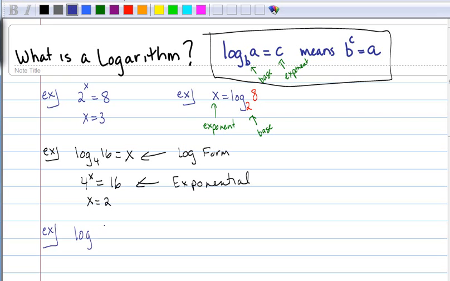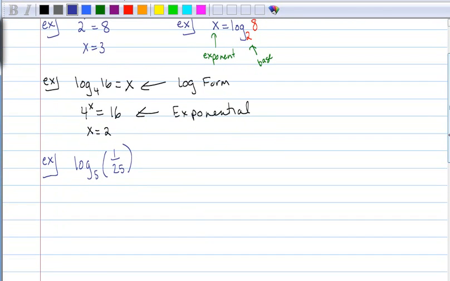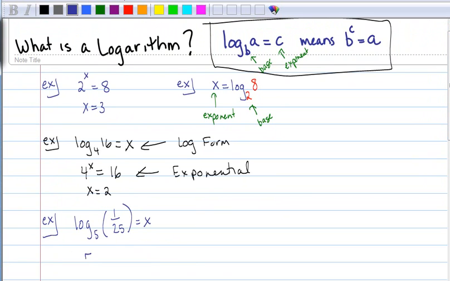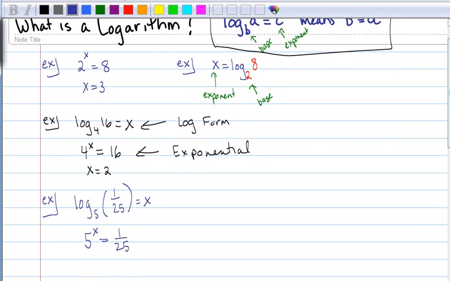What if I had log base 5 of 1 over 25? Well, this is a little different, a little more complicated because we have a fraction inside. But we can still figure this out because we're going to let this equal x. And using our formula, getting it in exponential form, we're going to say the base is 5, the exponent is x, equals 1 over 25. Well, we're going to see that that exponent, that variable x, is going to be negative, isn't it?